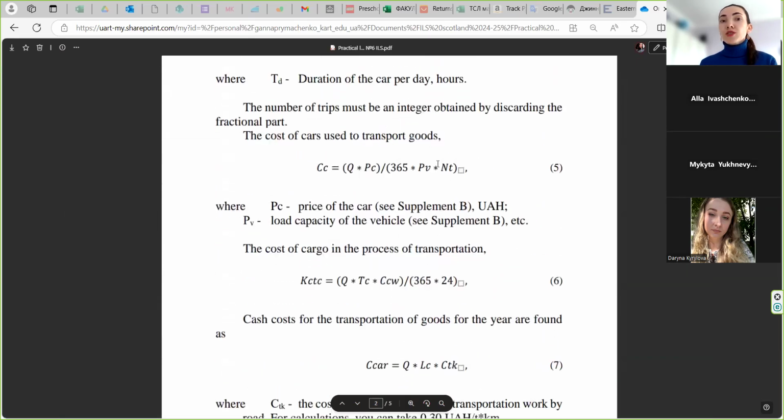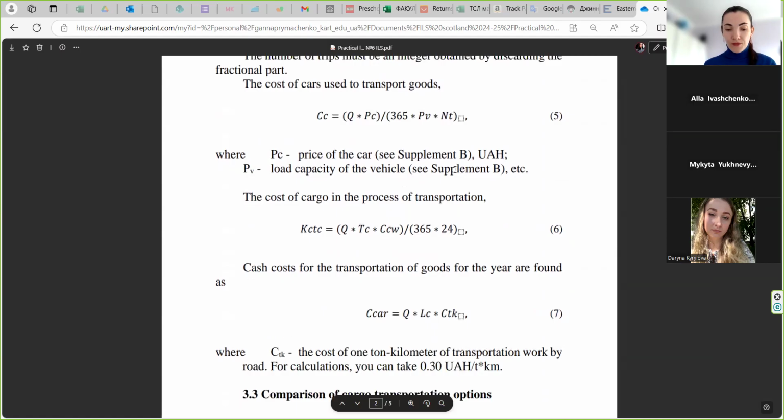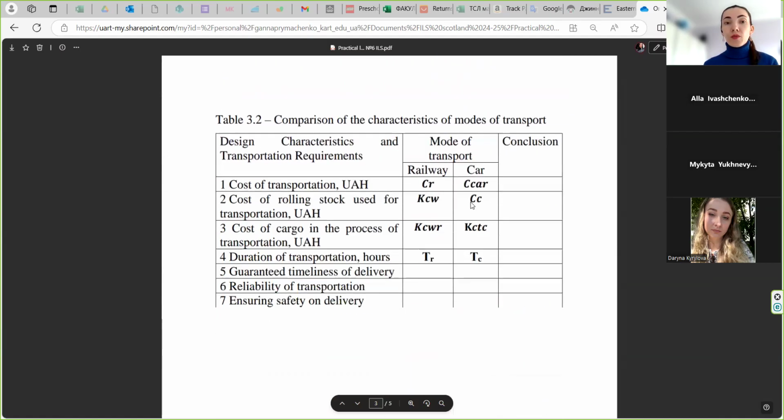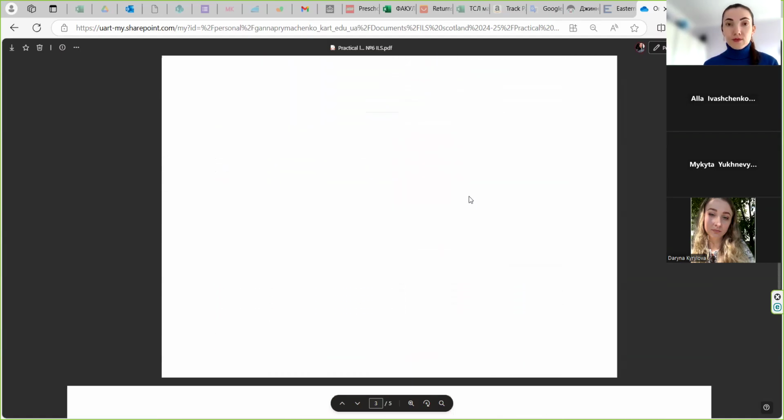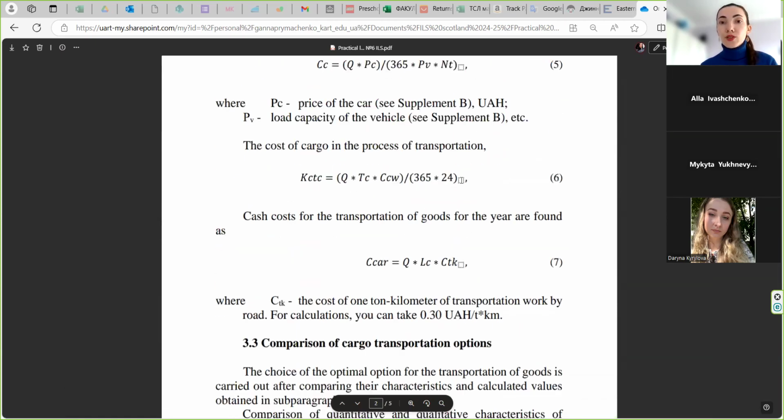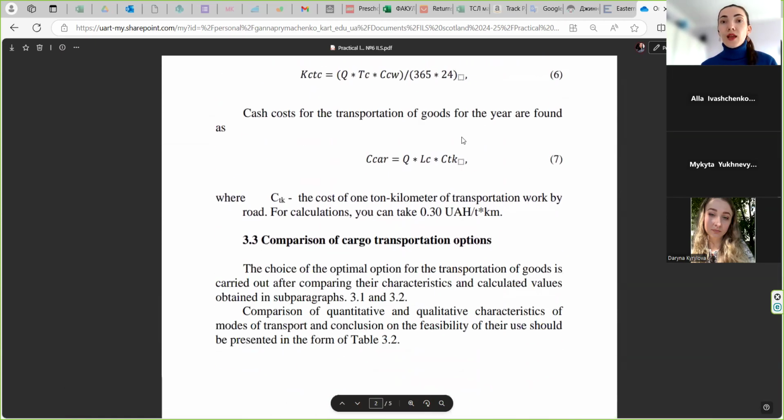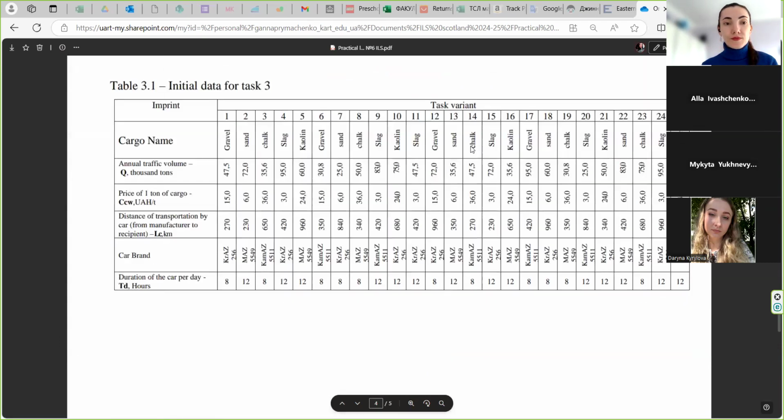It is such parameters as big N with index G. We can find it in our table 3.1.